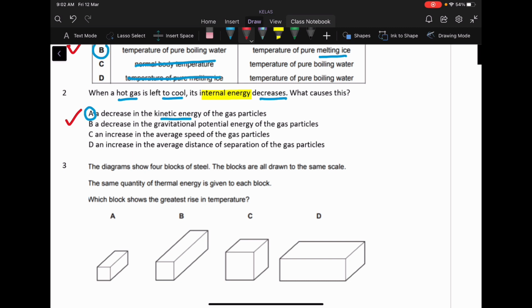B, a decrease in the gravitational potential energy, is not related. An increase in the average speed means it becomes hotter, so that is not correct. An increase in the average distance means it gains energy, so that's also wrong.